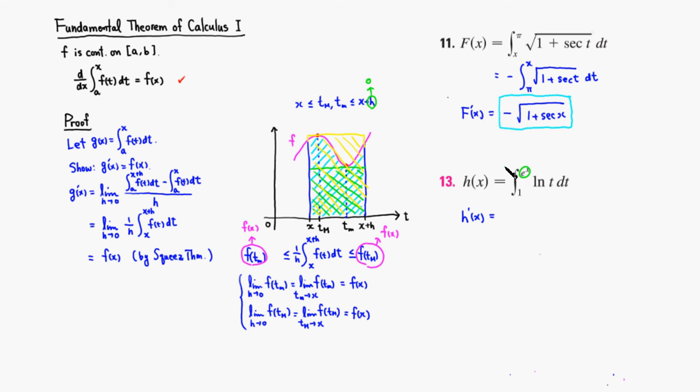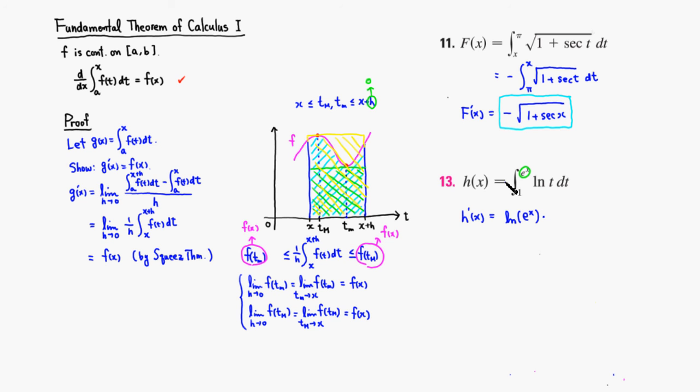Taking a derivative is equivalent to stripping off the integral sign, so you would have just the integrand, which is the natural log of t. But make sure to put the inside function as it is. Then because of the chain rule, you would have to multiply by the derivative of the inside function.